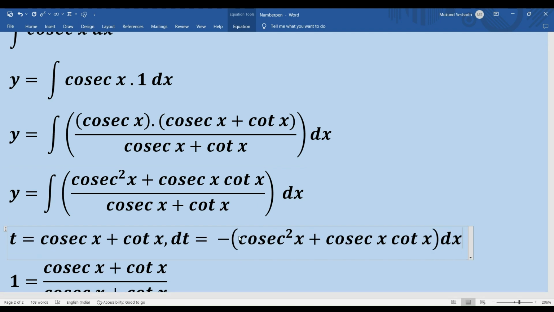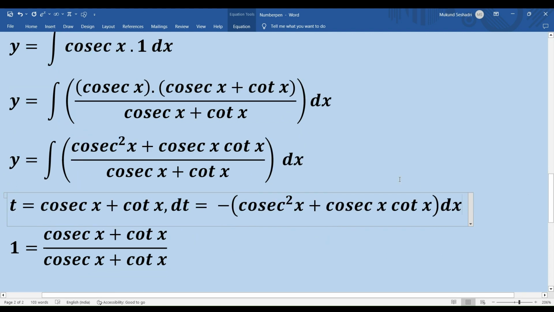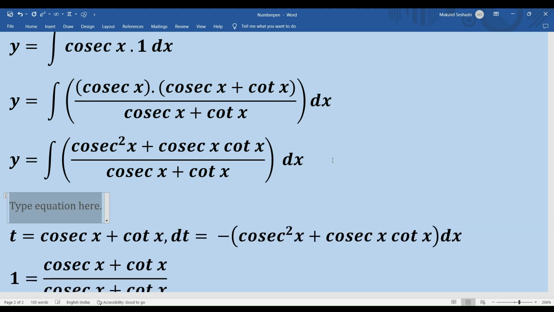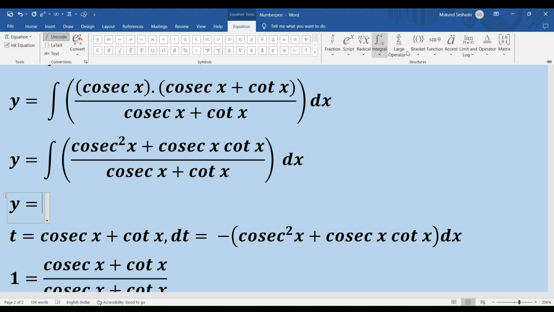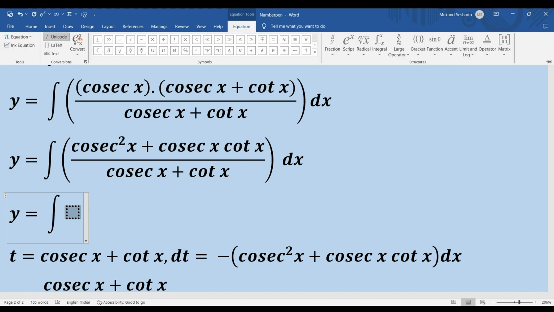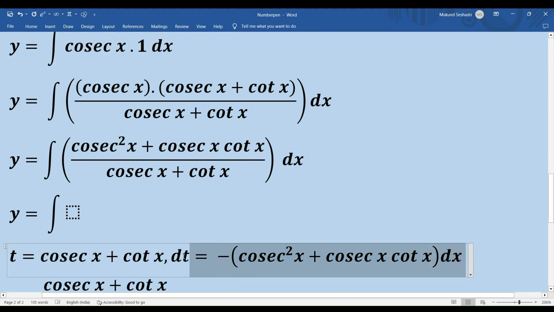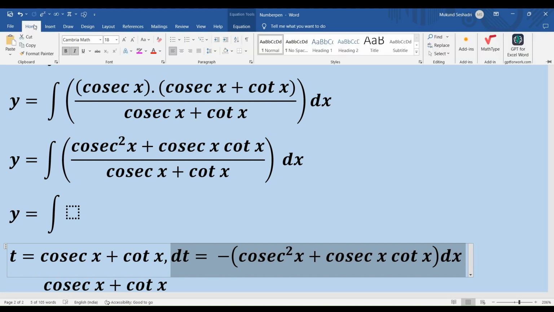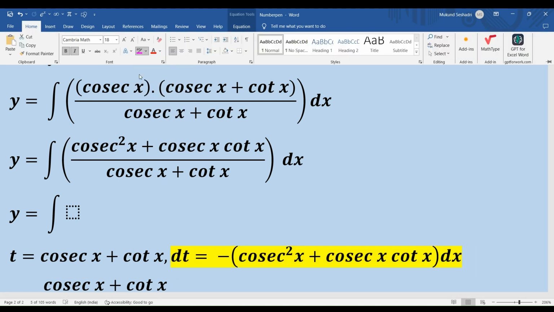So this is my dt. So now you see, dt is nothing but the negative of what I have in the numerator inside my y, right? So I go back to my y. So my y becomes the integral of, I see that my cosecant square x plus cosecant x cot x dx is what I have in the numerator, which is nothing but a minus dt, right? And I want you to connect this with what we have done just now. So I'm just highlighting that in yellow.